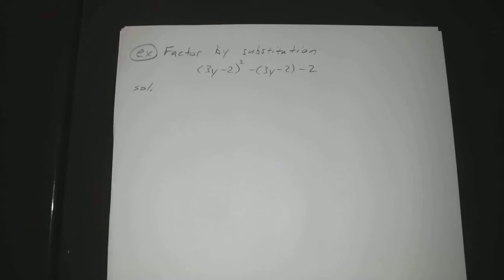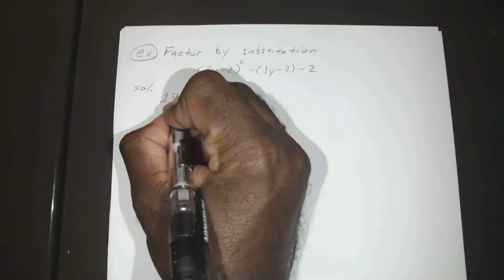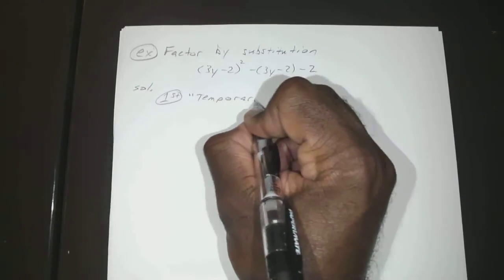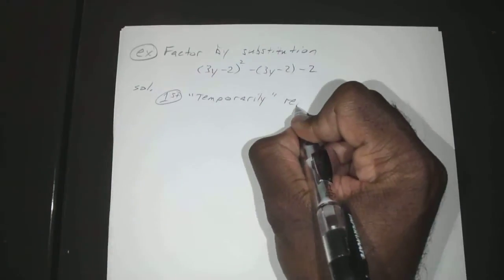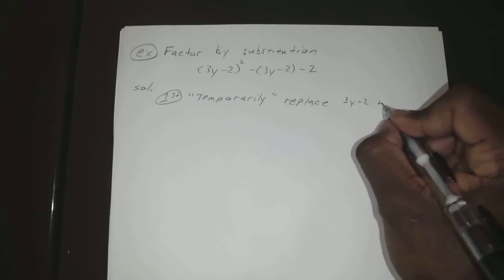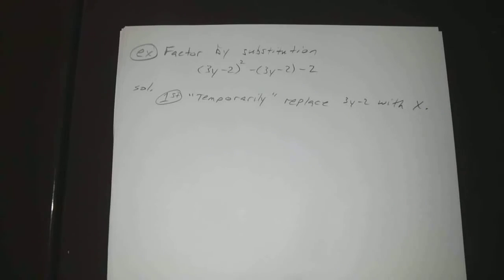Your first step, you're going to temporarily replace 3y minus 2 with x or y or u, whichever variable you want. I normally bounce between x and y just because I'm familiar with them. They're the most common ones.